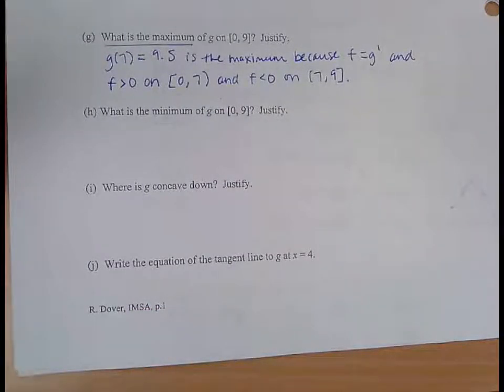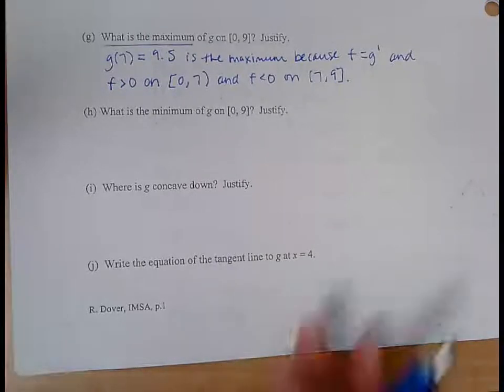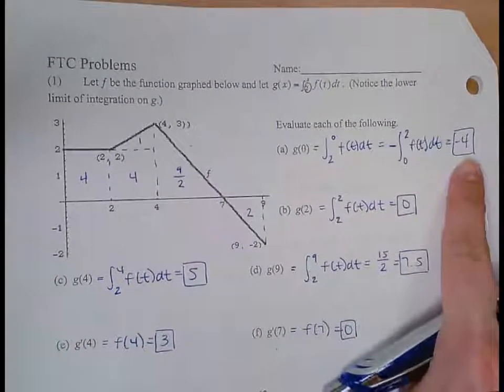The minimum of g on 0 to 9 would be what? At 2, like g of 2. G of 2 is not the minimum. G of 0 is the minimum, because g of 0 is negative 4.